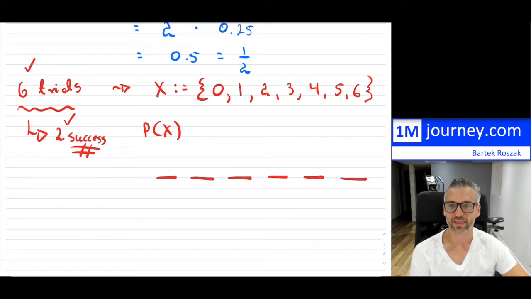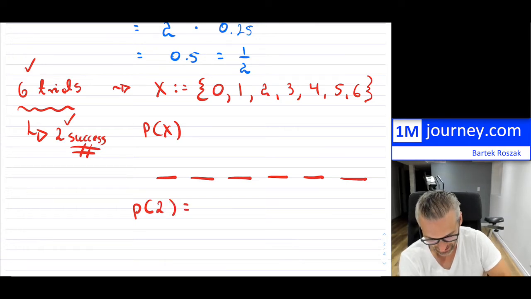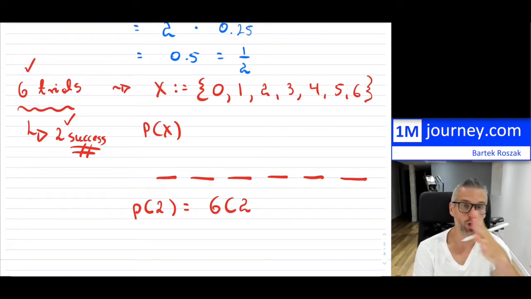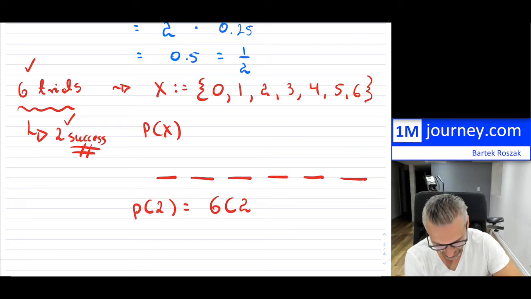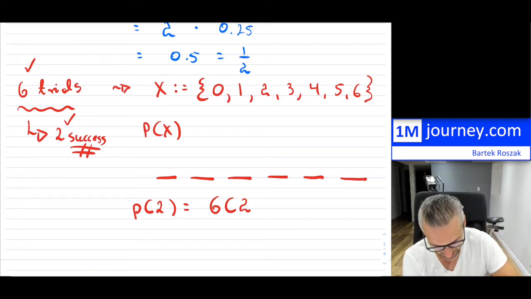The way I would find the probability of seeing 2 successes is 6 choose 2, because those are all the possible ways that I can arrange the heads. But now, because I want the probability, the probability of seeing a heads is 0.5.